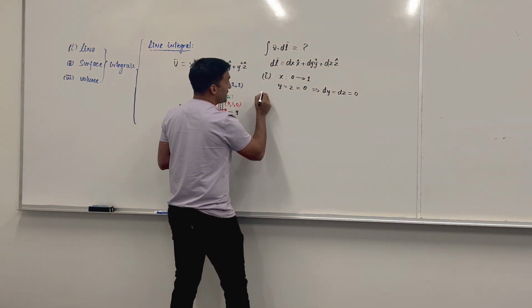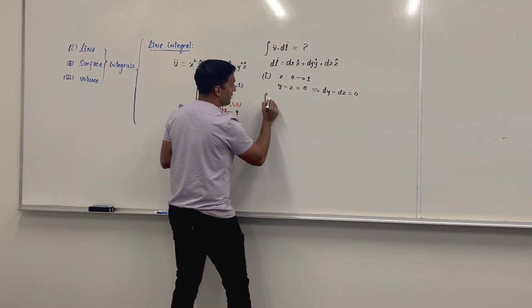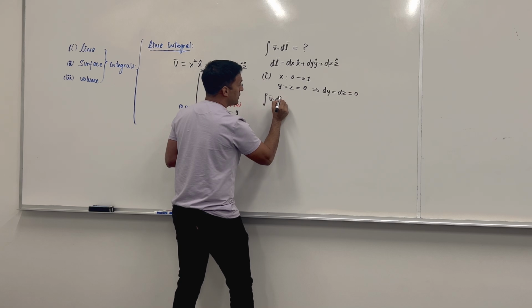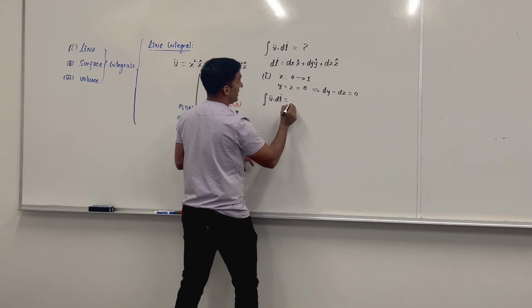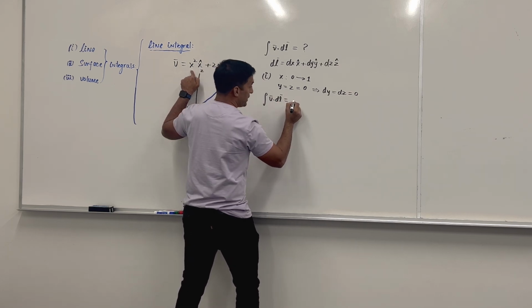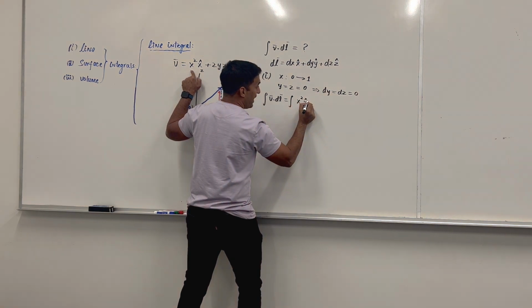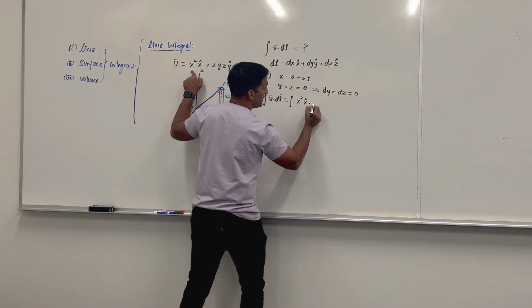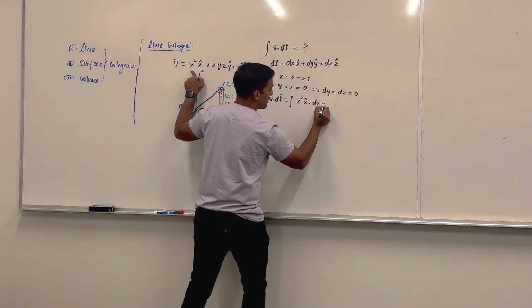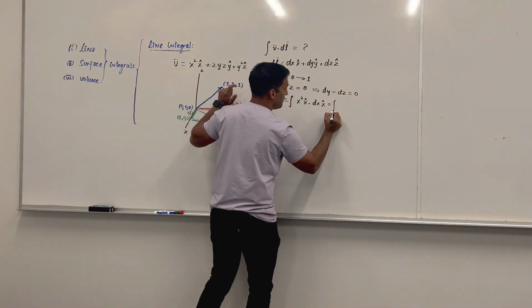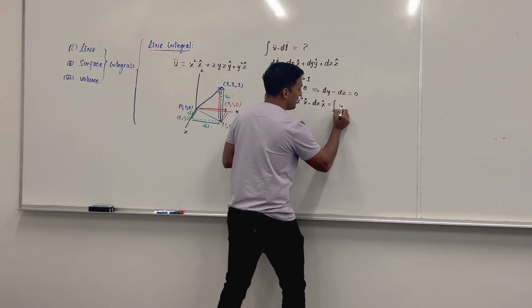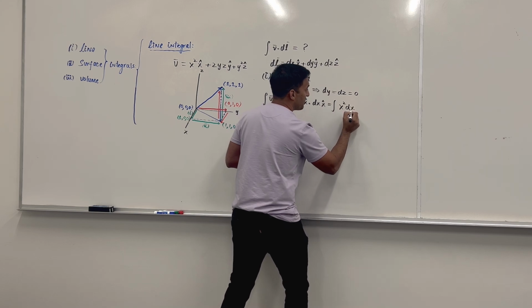So for the first path, our integral v dot dl gives us the integral of x squared x unit vector dotted with dx x unit vector, and this immediately gives us the integral of x squared dx.